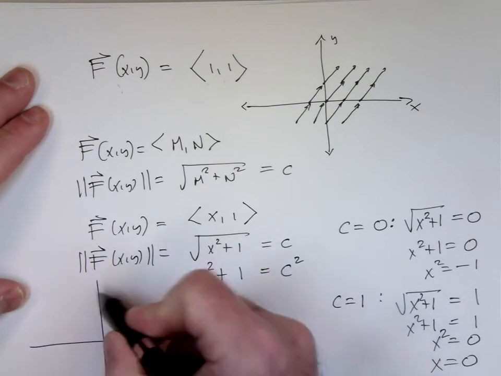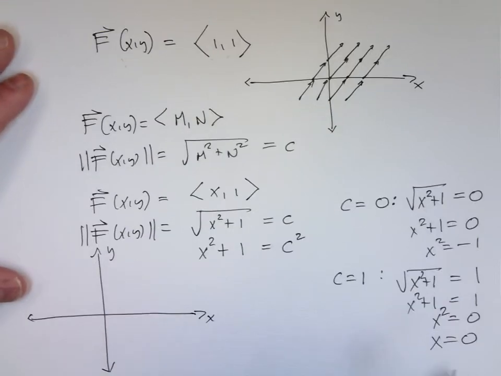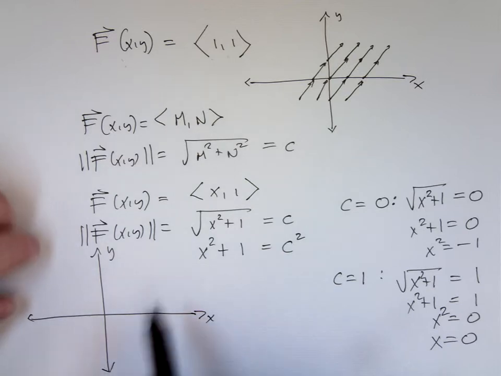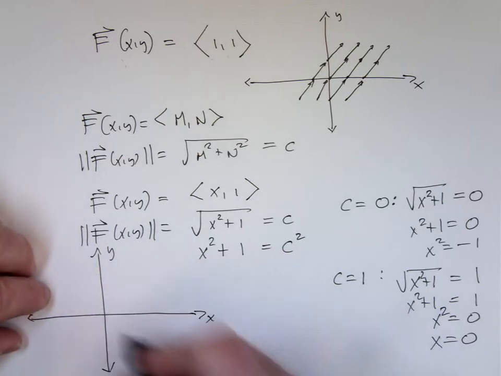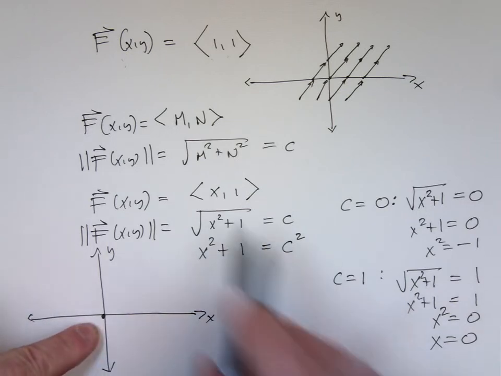We want all those vectors that have length 1. Those vectors are the vectors whose x-coordinate is 0. Okay? That would be the vectors along the y-axis. So let's take 0, 0, for example. When x is 0 and y is 0, we get the vector 0, 1.